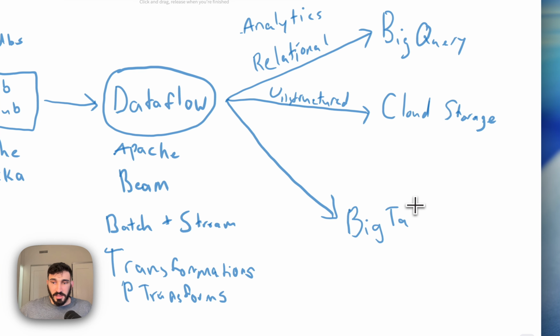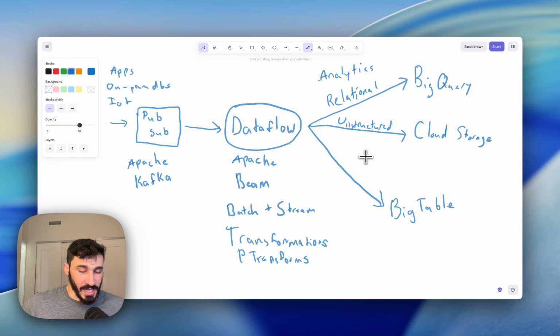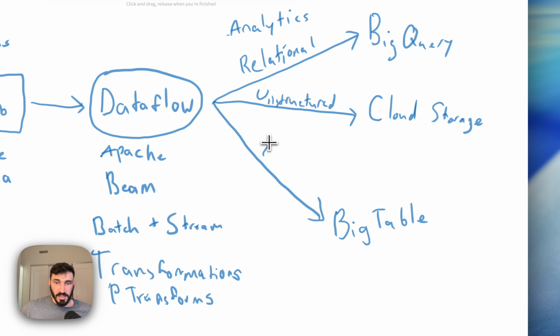And this is a little bit less likely to show up on the exam, but it still has a chance of showing up on the exam more than other services. Dataflow can send data to Bigtable, and this would be essentially non-relational data.